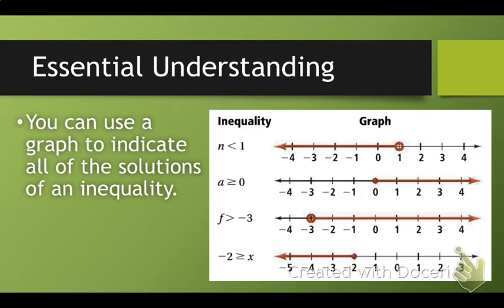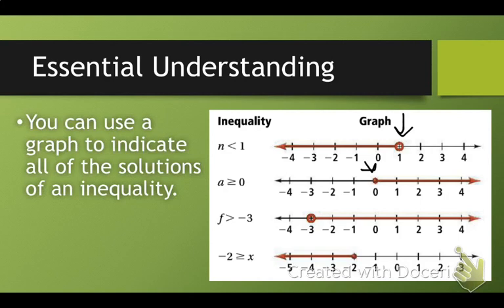So as I look here, I start at the 1, and I'm showing that all of the numbers smaller than 1 are solutions. In the second one, you see a, or all numbers greater than or equal to 0, so this starts at 0 and shows all of the numbers that are greater than 0, with the line going to the right, that are solutions.